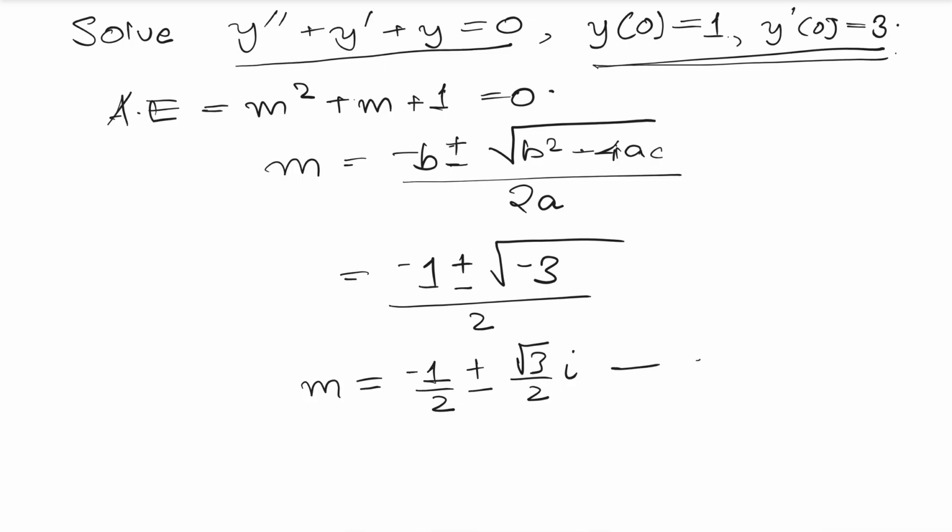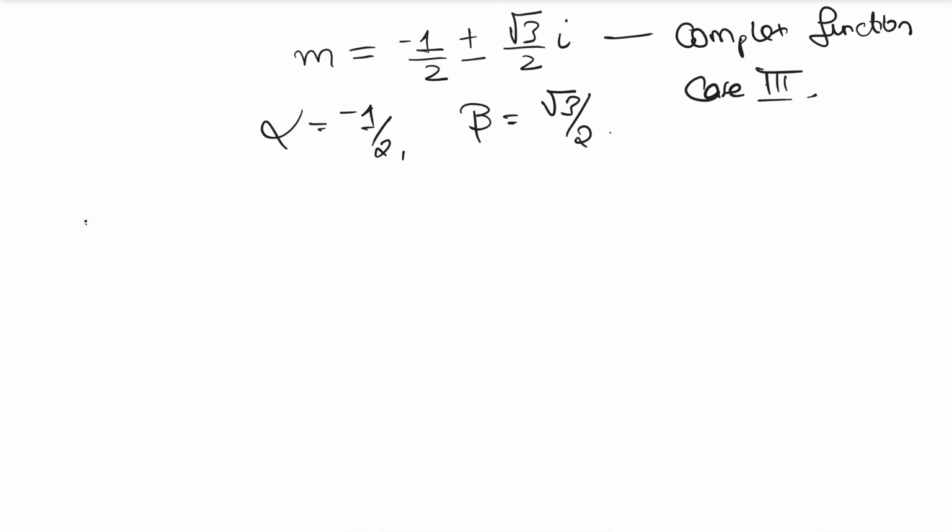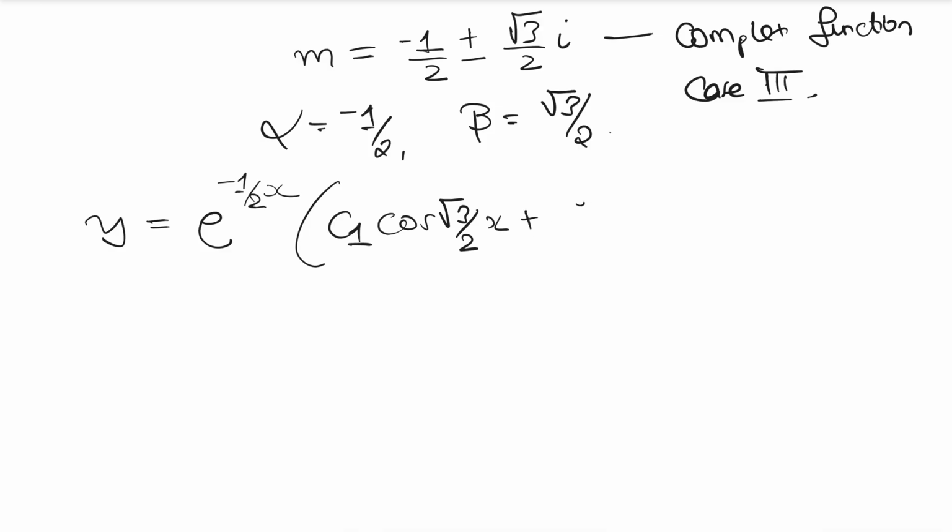So this root is complex, so it is case 3, and alpha will be minus 1 by 2 and beta will be root 3 by 2, and the general solution will be e power minus 1 by 2 x times c1 cos root 3 by 2 x plus c2 sine root 3 by 2 x.